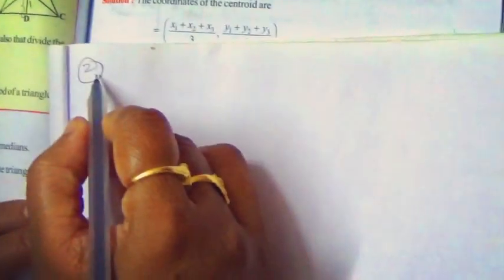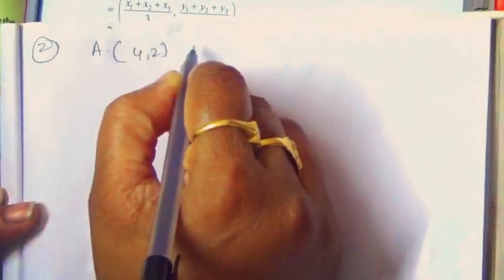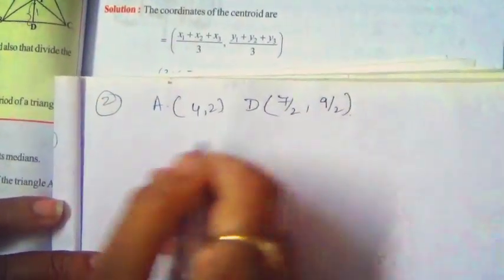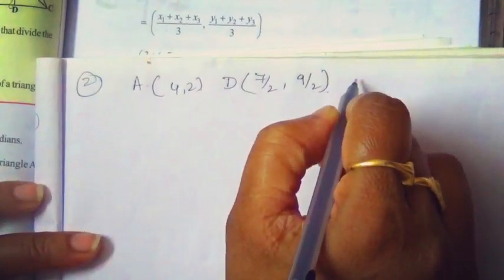In the second one, A is the point (4, 2), which was already given, and D we already found out here, right? (7 by 2, 9 by 2). And P we have to find out, right?